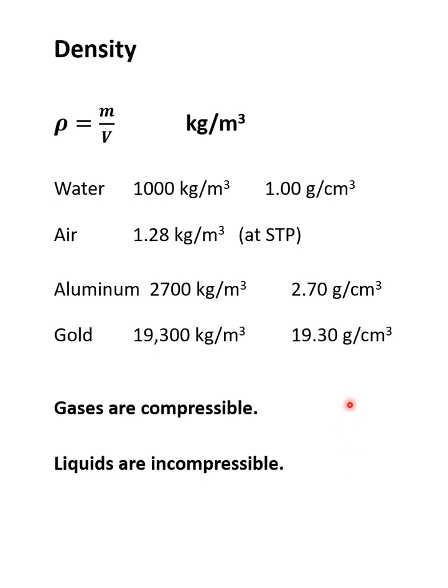You should know that a difference between gases and liquids is that gases are compressible. You put gas in a container and you can squeeze the container and the gas will change in density. And that was shown here. Air only has this density at a particular temperature and pressure.